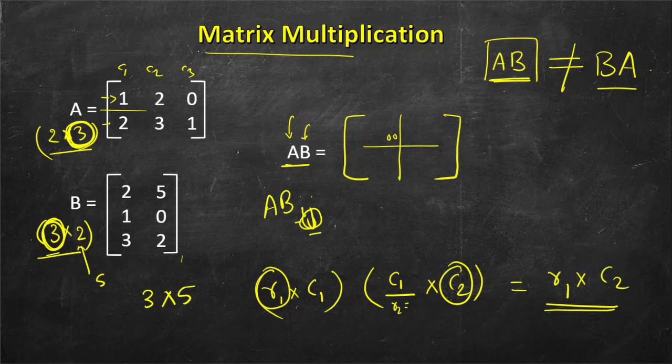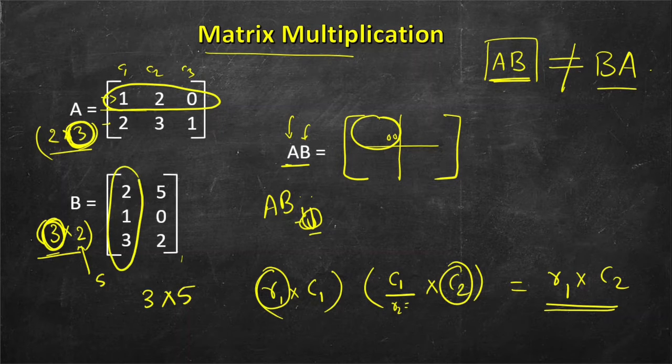So let's see, we want to calculate AB 0, 0, that is this value. So we pick the 0th row, and 0th column from B. Both will have equal number of elements. So we do dot product. So 1 is multiplied by 2, so becomes 2, plus 2 multiplied by 1 is again 2, plus 3 multiplied by 0 is 0. So total is 4.